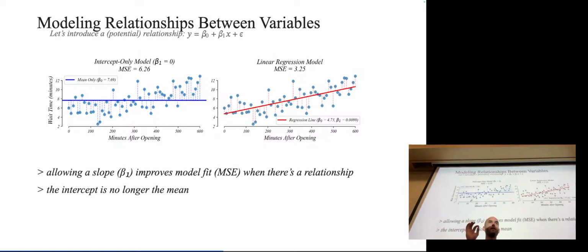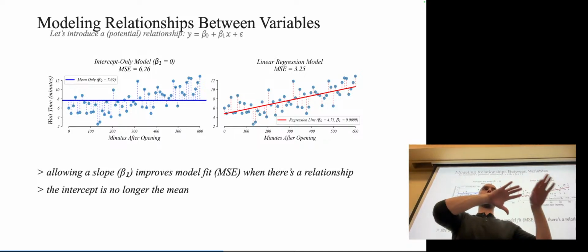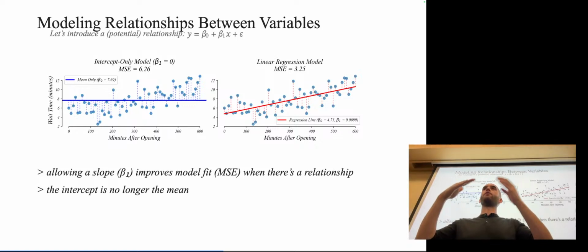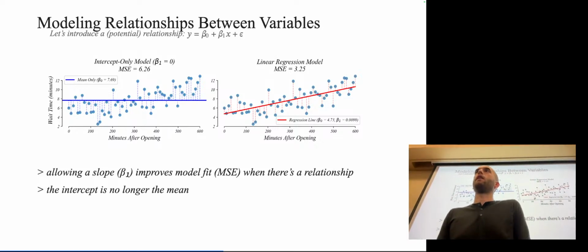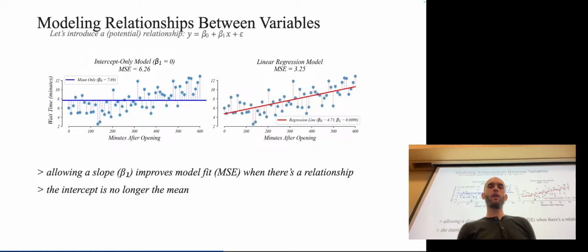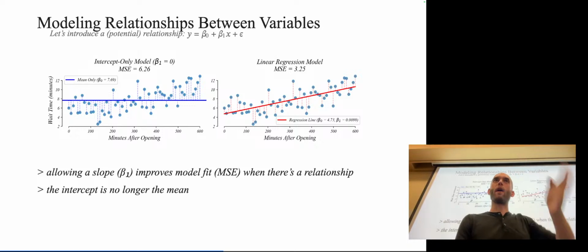And the other thing to notice is that the intercept is no longer the mean. So as we were talking about earlier, when we introduce a slope into this thing, the intercept is no longer necessarily the mean. What the vertical intercept tells us is, in this example, when the shop opens, how long do you have to wait if you order right at open?